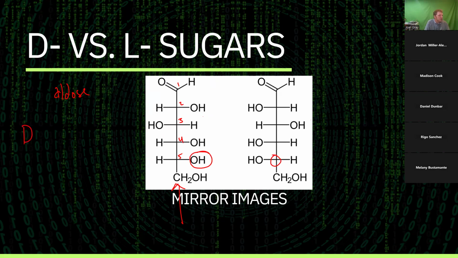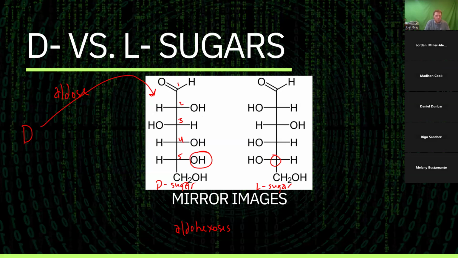Therefore, this is a D sugar, and on the left, this is an L sugar. So these are both aldohexoses, but this one is a D aldohexose, and this is an L aldohexose.